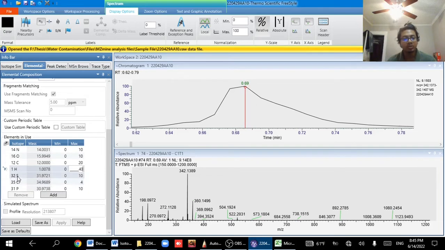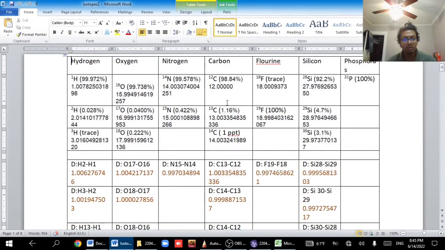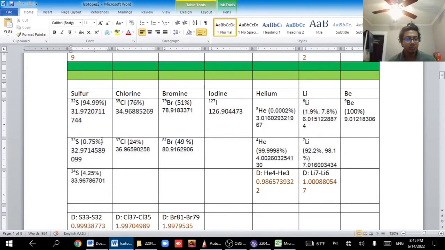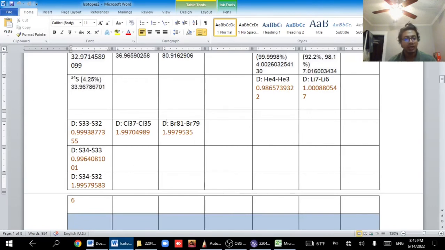Remember that sulfur and phosphorus are so tricky. For your first attempt, you should not add any sulfur, chlorine, or phosphorus here, because their peaks are really visible. If you do not find any isotope difference for sulfur and chlorine, you can see the difference here.